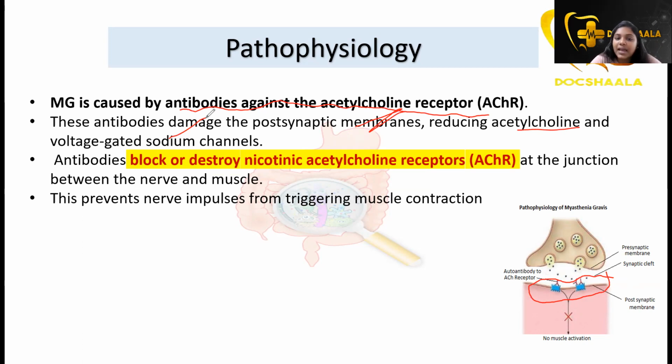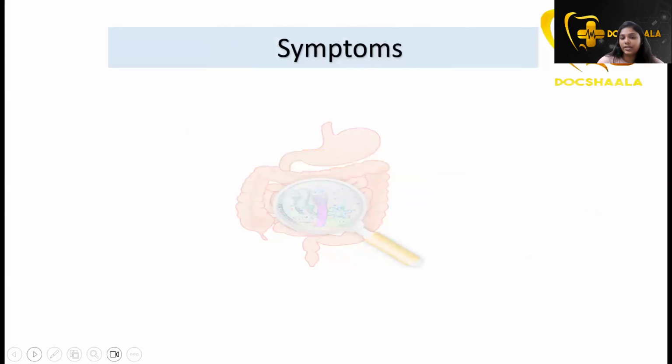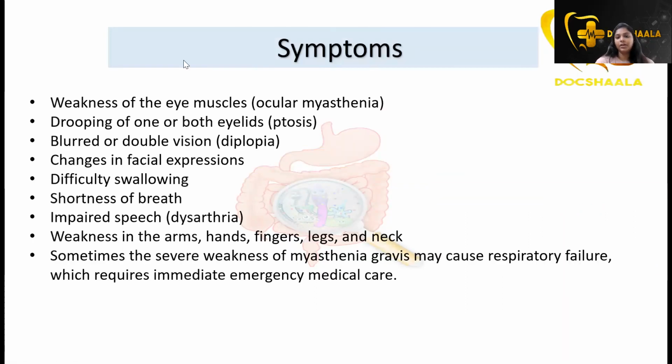These antibodies mainly block or destroy the nicotinic acetylcholine receptors. The acetylcholine receptors which are mainly blocked or destroyed in myasthenia gravis are nicotinic acetylcholine receptors, which prevents the nerve impulses from triggering the muscle contraction. So the muscle activation is not happening in this disease. Because of this, there is skeletal muscle weakness in the individual suffering from this disease.